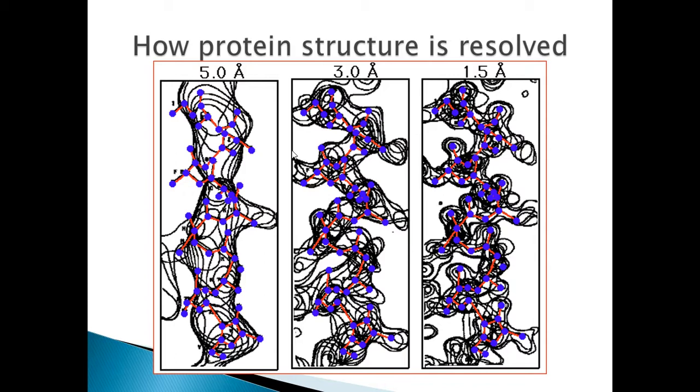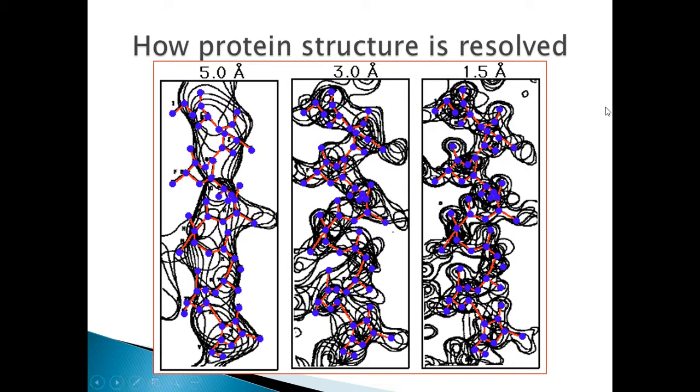So basically, if you look at a protein at 5 angstroms of resolution, you can see that you don't really have a good picture of the protein. But as it gets resolved down to a lower resolution, which means you have a smaller number, okay, now we get a much better picture of where the different atoms are located in the protein.